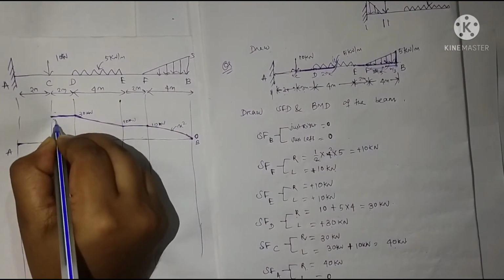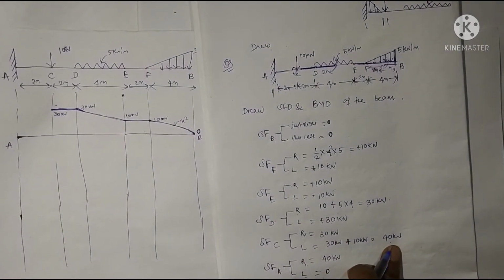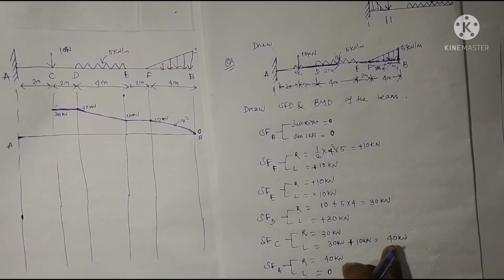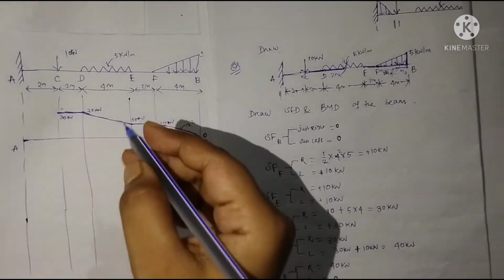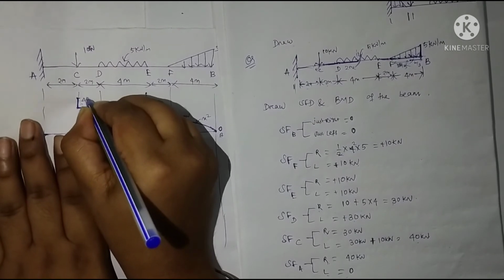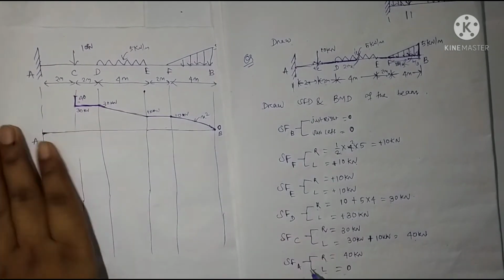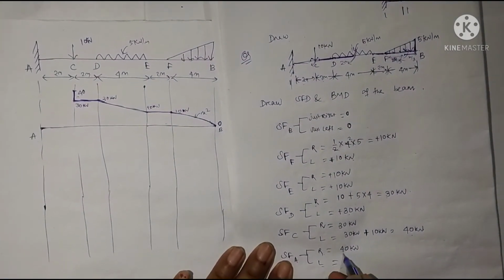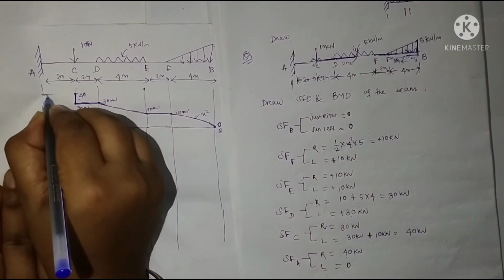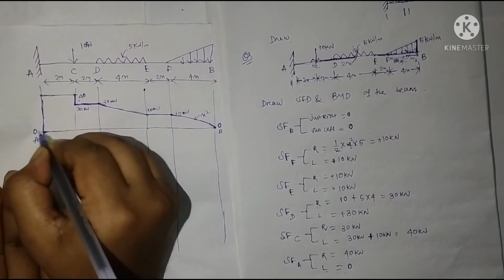At just right it will be 40, so write shear force value at point C as 40, and raise it to value 40. Now at point A, shear force value is 40 kilonewton, so connect it with a straight line, and now it will be 0.